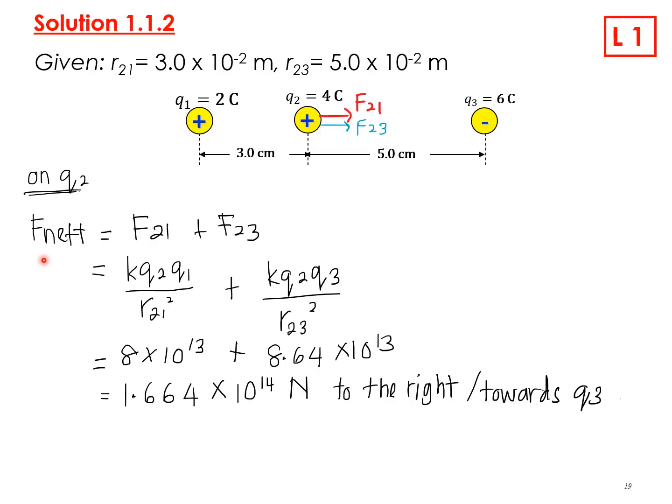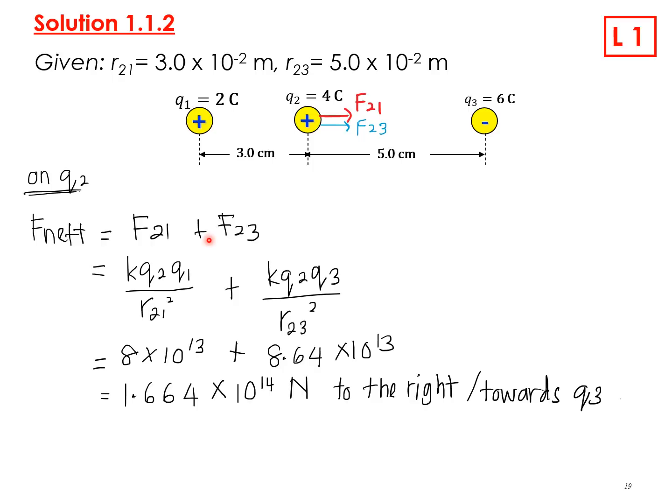So we want to find the net, meaning the total electrostatic force acting on Q2. So we have two electrostatic forces acting on Q2, F21 and F23. Since both are directed to the right, toward Q3, both are positive electric forces.